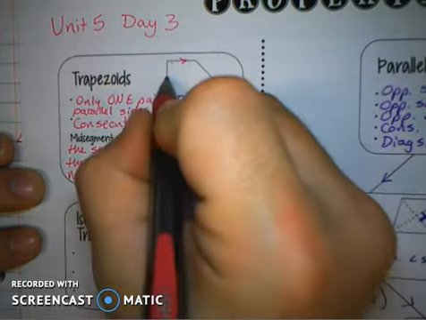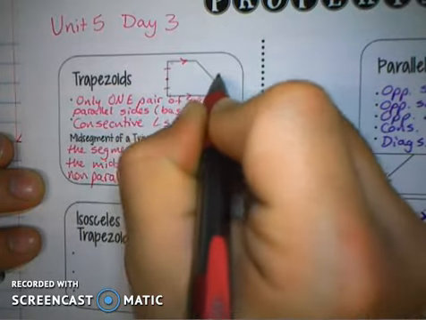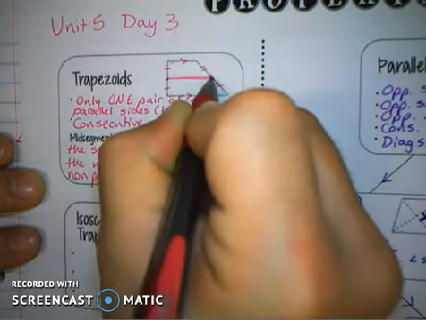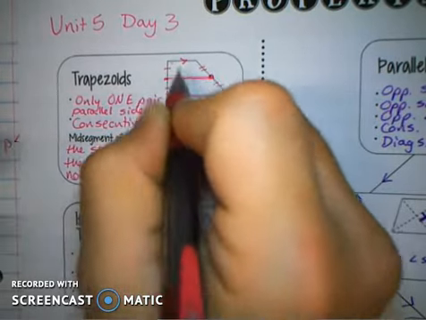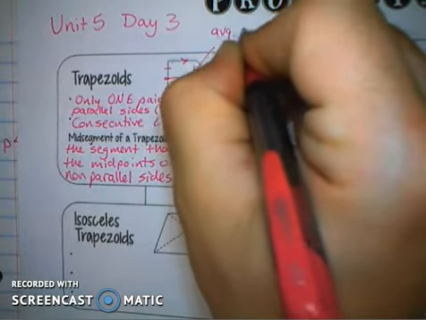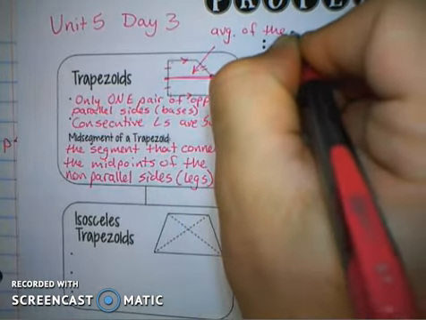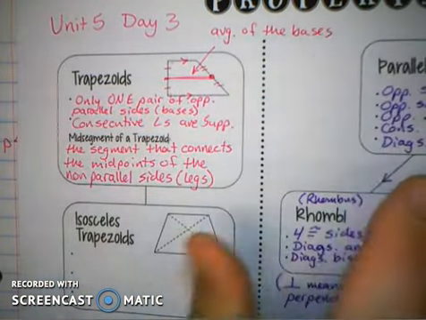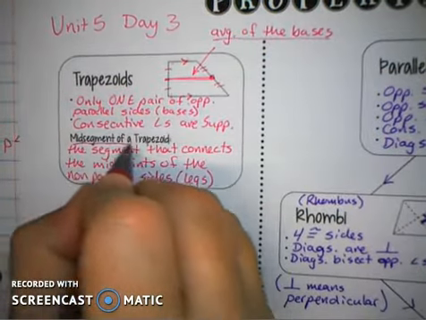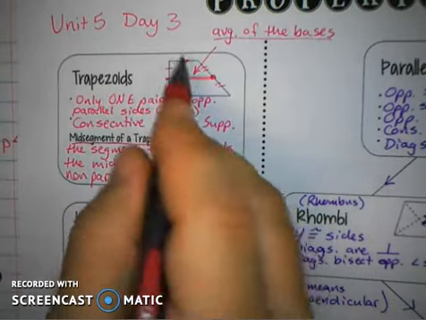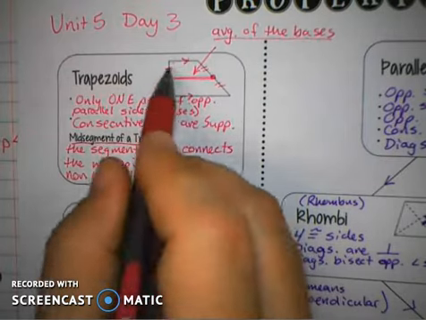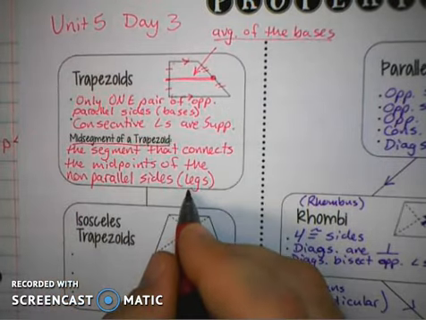Okay, and because it connects the midpoint of each side, it gives us a relationship that it is parallel to both of the bases, and it is the average length of the bases. All right, so the mid-segment is the average of the bases, and it's parallel to both bases. So the two parallel sides of a trapezoid are called bases. The non-parallel sides are called legs.